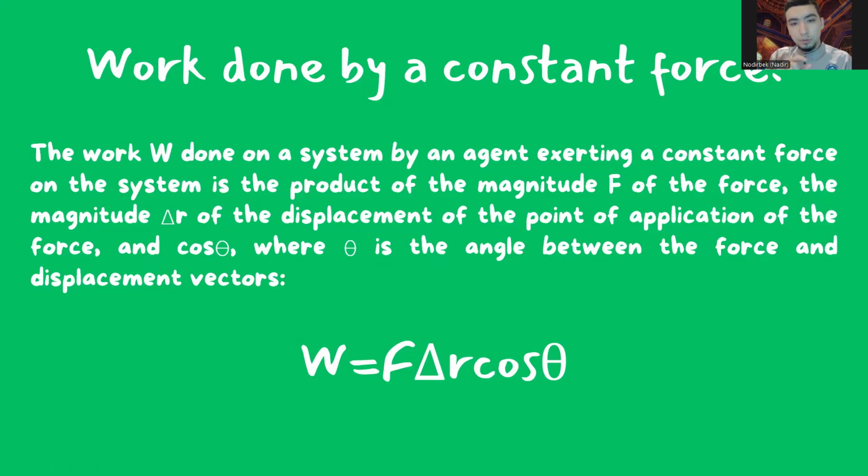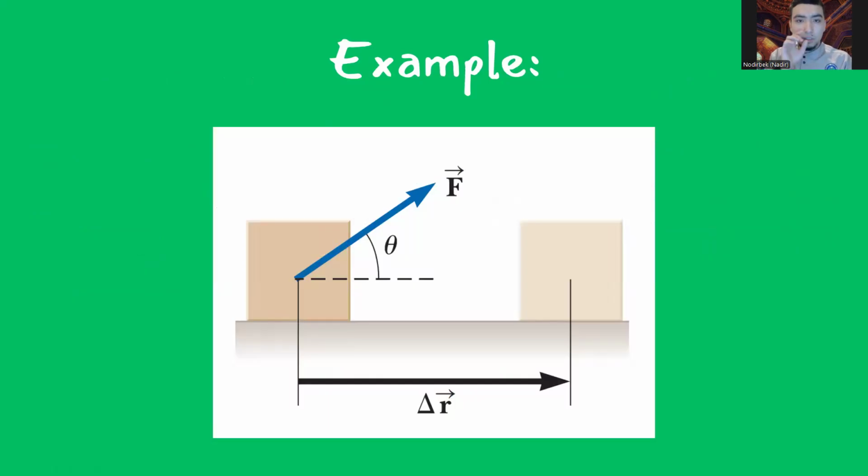To put it simply, work done equals the force applied multiplied by the distance the object crossed, or the displacement, multiplied by cosine theta, where theta is the angle between the force applied and the displacement. That's it. You can see the definition in this picture.